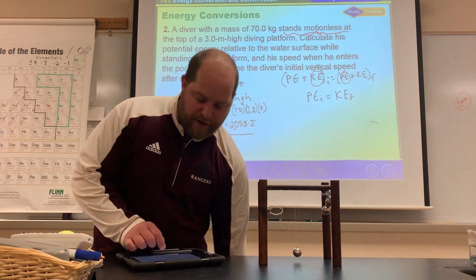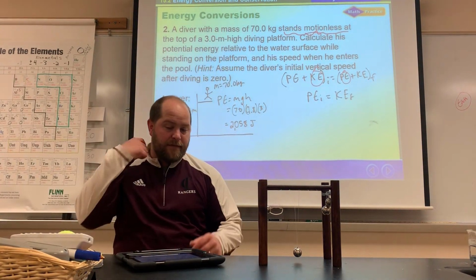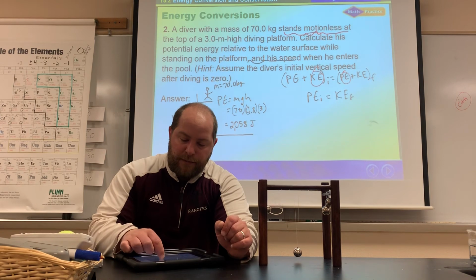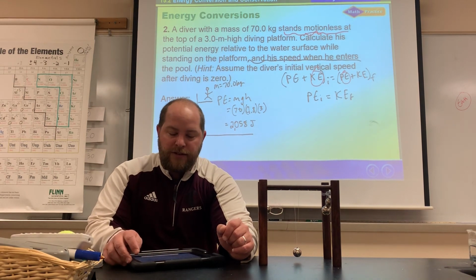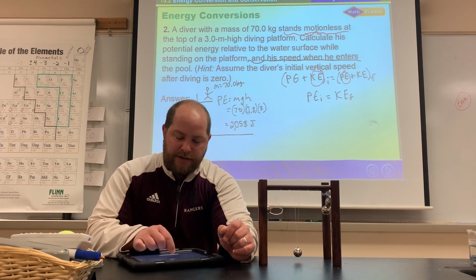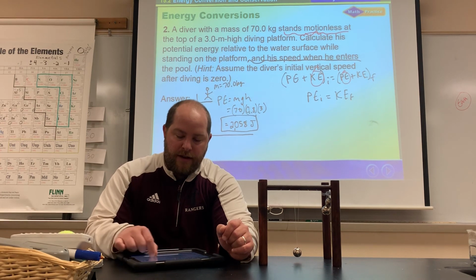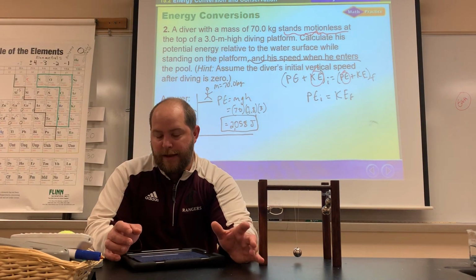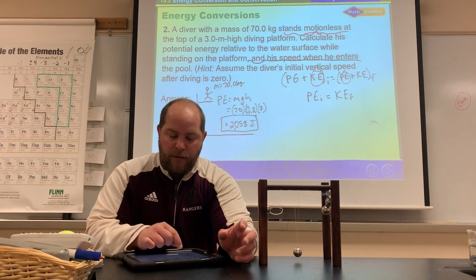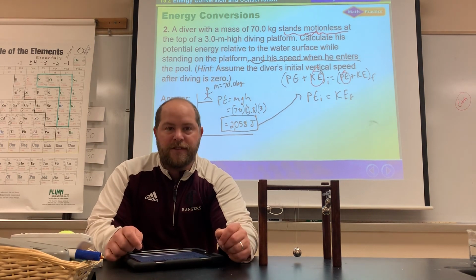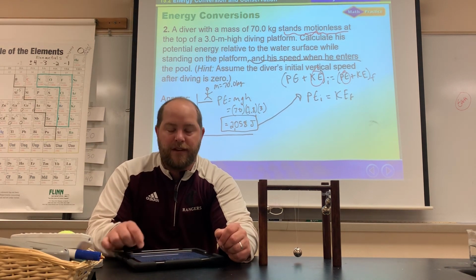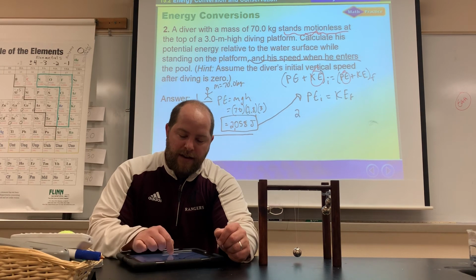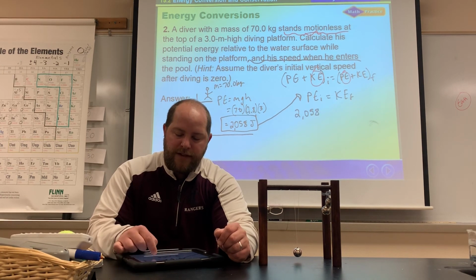Now the next part of this problem says, find his speed when he enters the pool. So this is going to be one answer to it. The next answer is finding his speed. Okay. Well, guess what? We just calculated the potential energy, so we can plug that number in for potential energy.